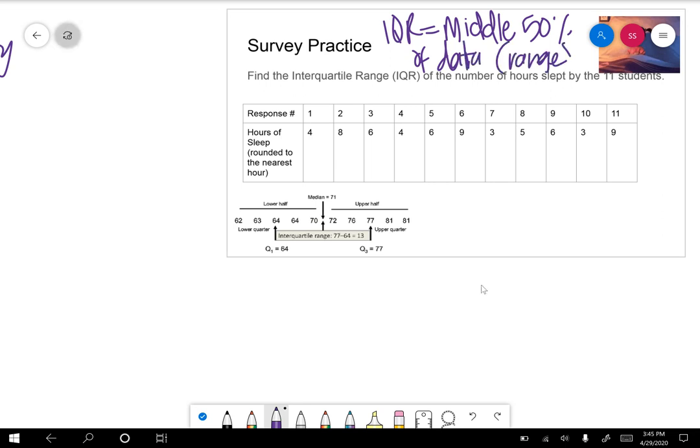Okay, so that's basically what IQR means, interquartile range. Now, notice the word quartile. We're going to talk about where the quartiles, or the quarters, the fourths of our data, come into play.